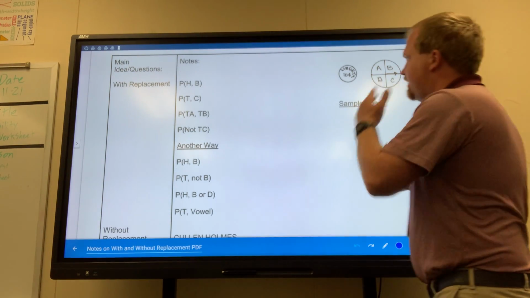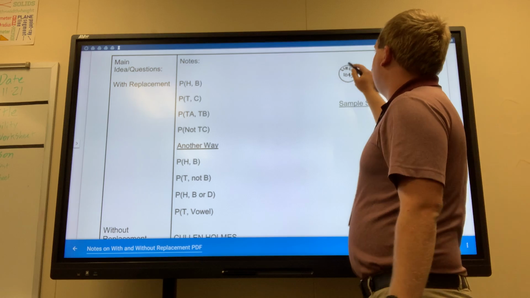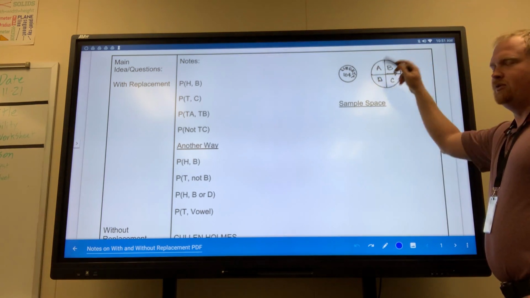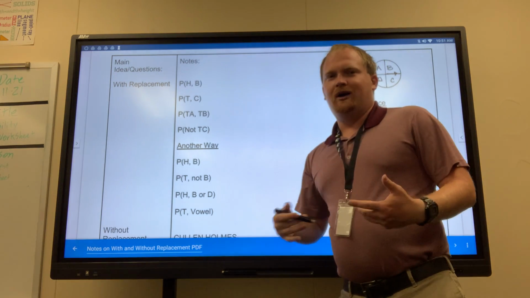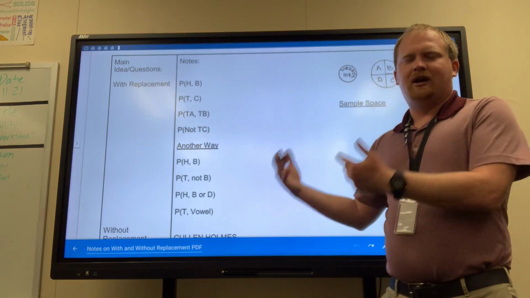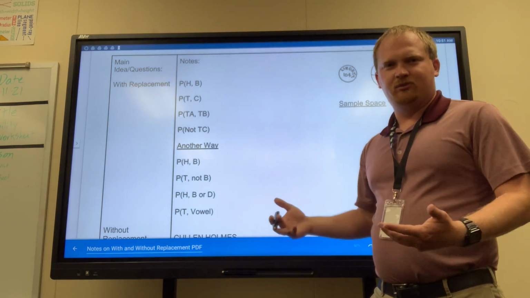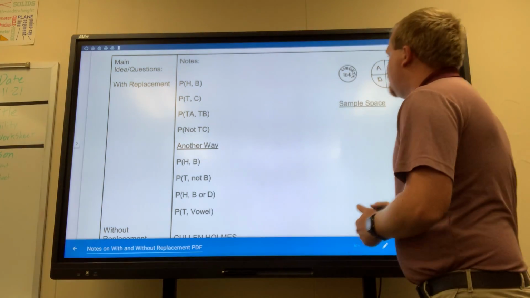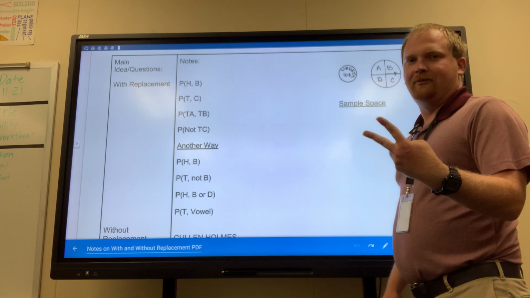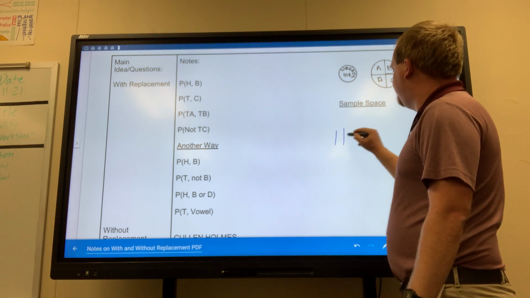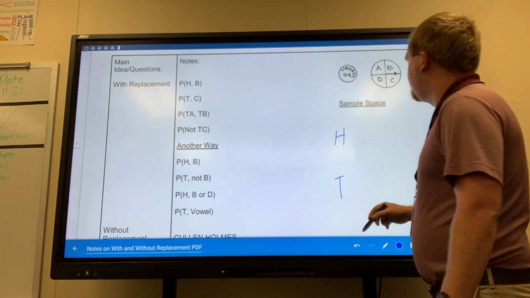So basically, for example, I have a coin and a spinner with 4 equal spaces, okay? No matter what the head will be, I'm still going to get the 4 results, so it doesn't really change the order. If I flip a coin, there's only 2 possible outcomes, heads or tails.